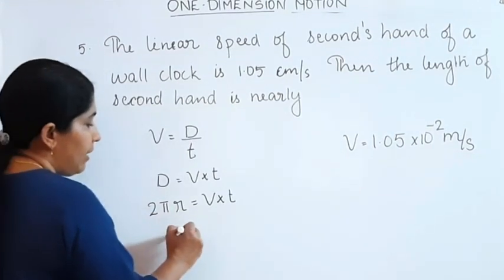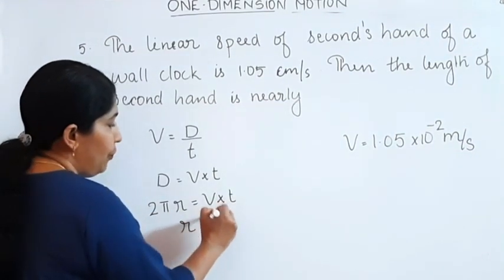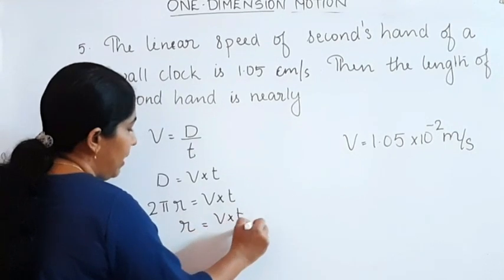Then radius r is equal to v into t divided by 2 pi.